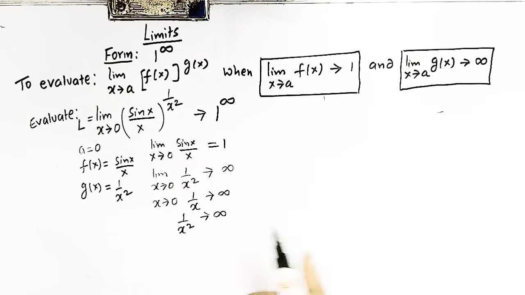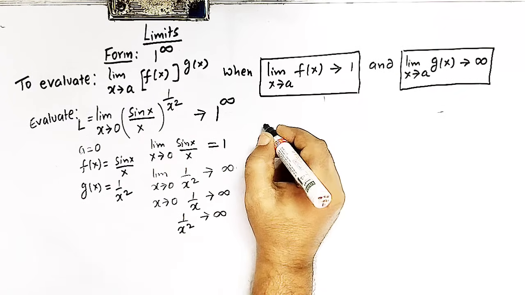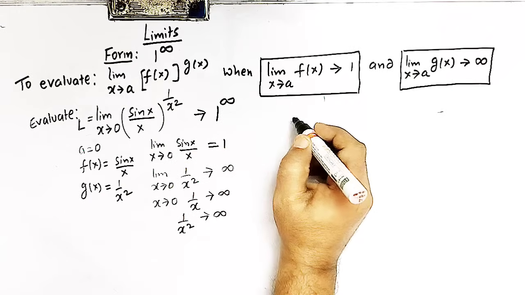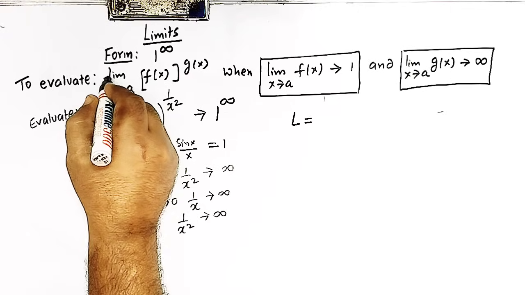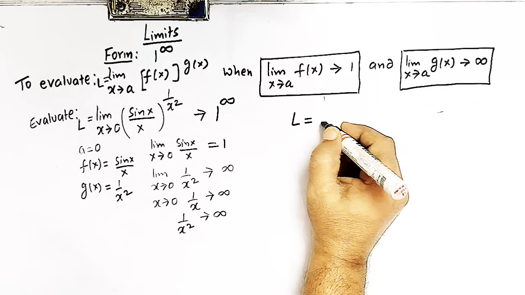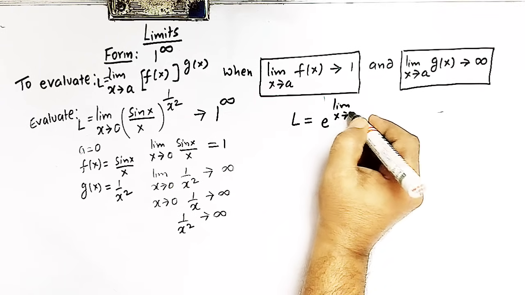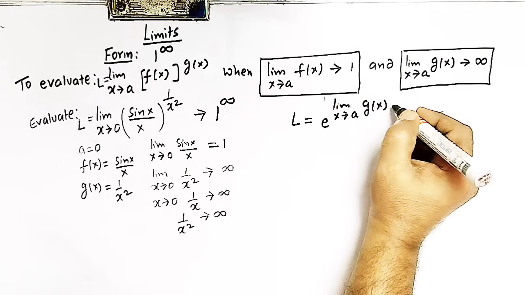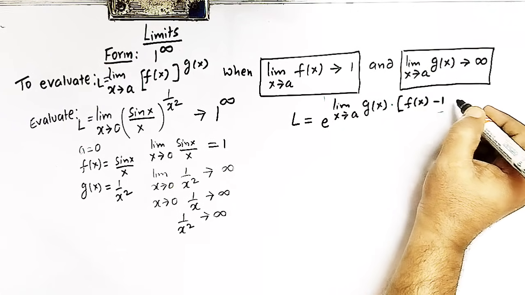To get the value of such limits, we use this result. Suppose this limit is equal to L, right? Then L can be given as e raised to limit x tends to a of g of x multiplied with f of x minus 1.